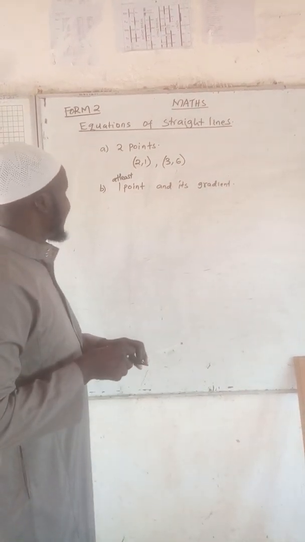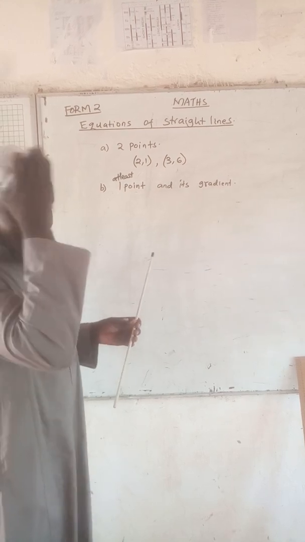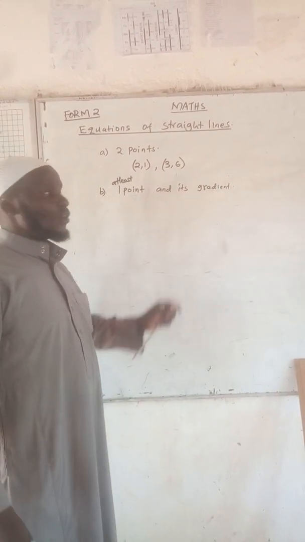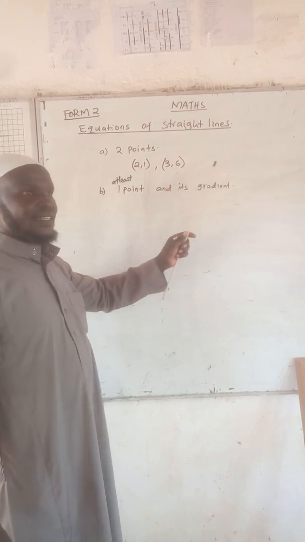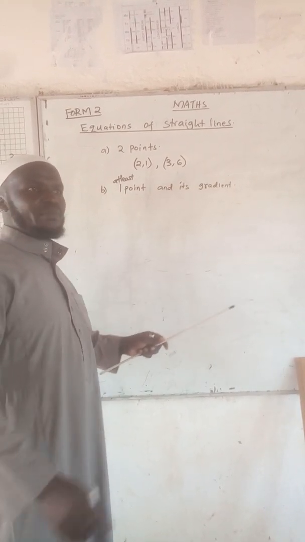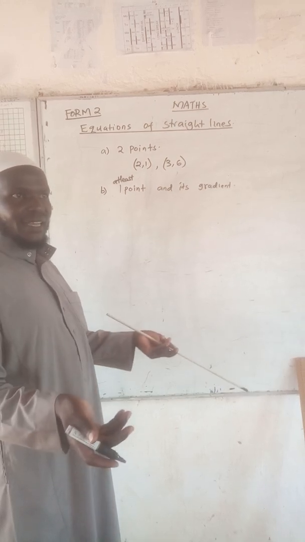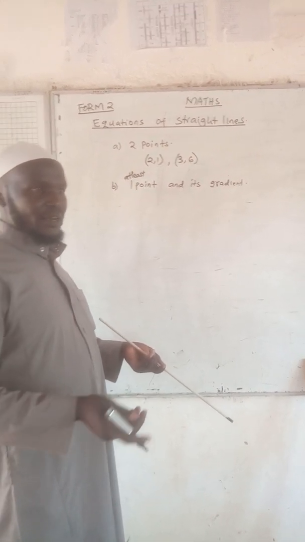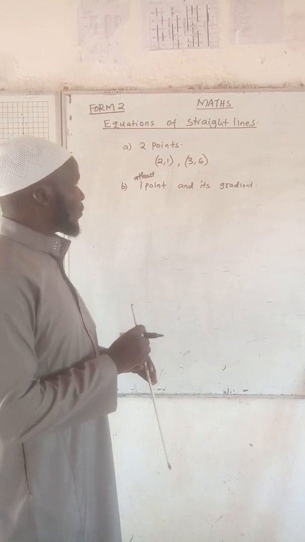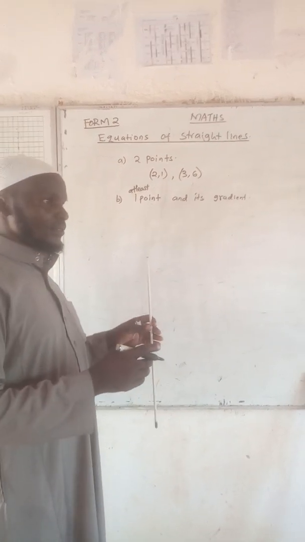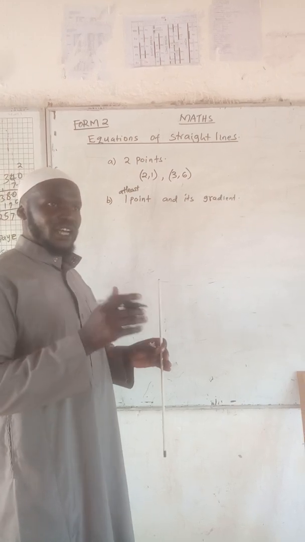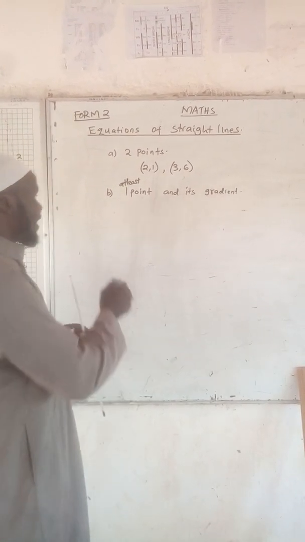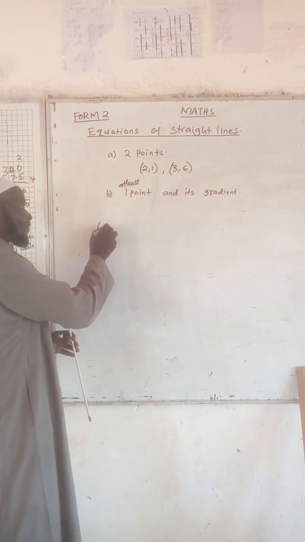Now, in this case, a straight line or straight lines might be parallel, or they might be perpendicular to one another, and you need to know that, because when you want to get the equation of a line, you must know how to get the gradient.